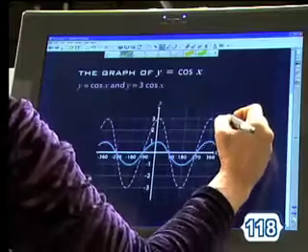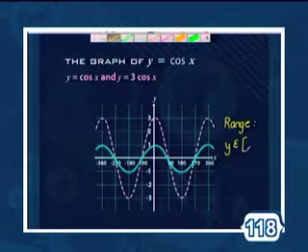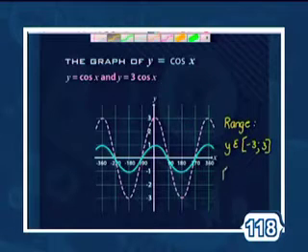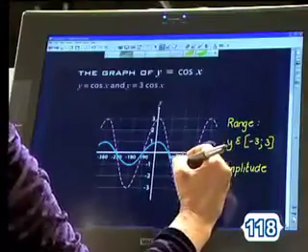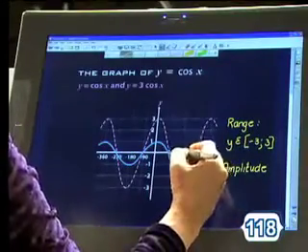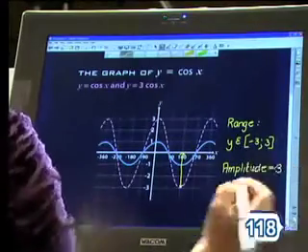So in this particular case, my range would now be y spanning from -3 up to 3. And my amplitude is therefore also affected. Can you see that that spans 6 units in total? So that means the height of one bump is half of 6, which is 3.